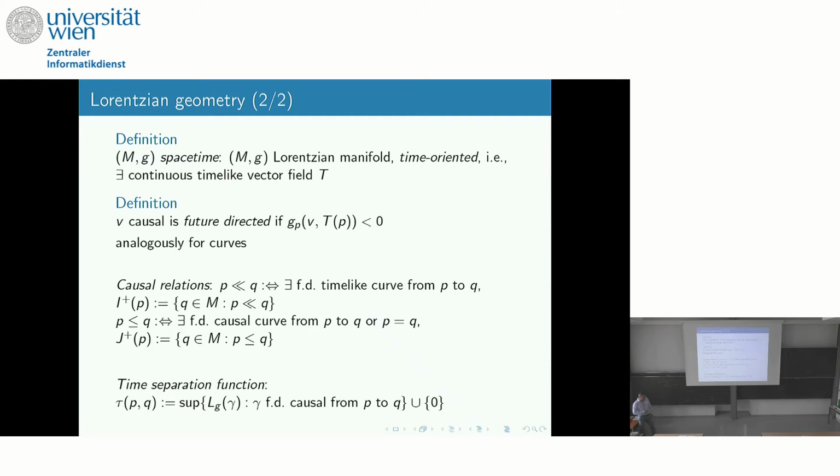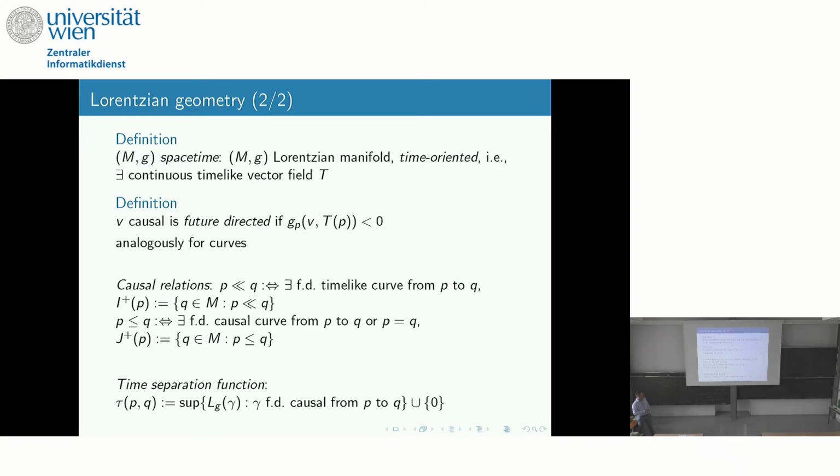Then in the Riemann setting, we have the distance function. In the Lorentzian setting, we have a replacement of it, which is called the time separation function. And while in the Riemann setting the distance function is the infimum of the length of curves, in the Lorentzian setting it is the supremum of the length of causal curves, and that's because of the negative direction of the g.